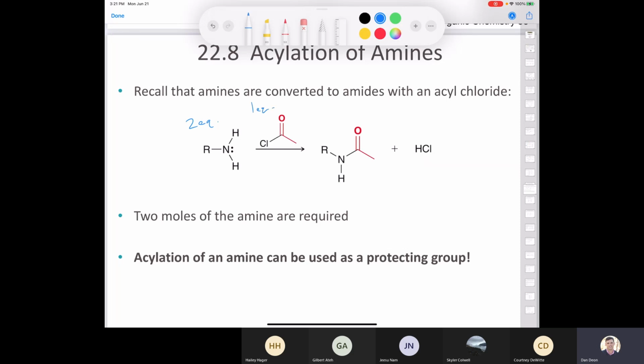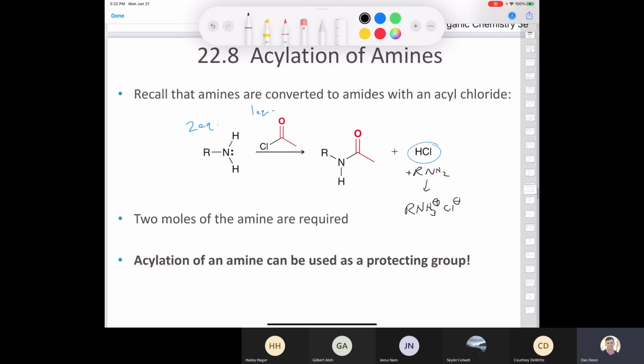Because you end up with HCl, and then of course the HCl is going to react with the second equivalent of your amine, and that's going to give you an alkyl ammonium salt, which is going to prevent HCl from doing any funny business. And so 2 moles of the amine, again, are required for every 1 mole of the acid chloride.